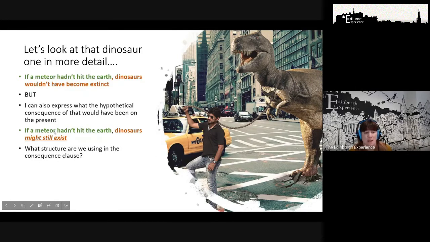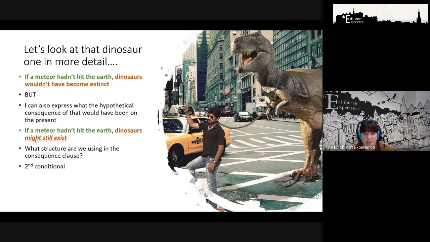So if we have a look at the second clause here, our consequence clause, remember our conditionals always have a situation and a consequence. If we look at the structure that's being used in that clause here, you will hopefully identify that as a second conditional consequence clause. Remember, here I've used might because that's an alternative structure when we're talking about our second conditionals.